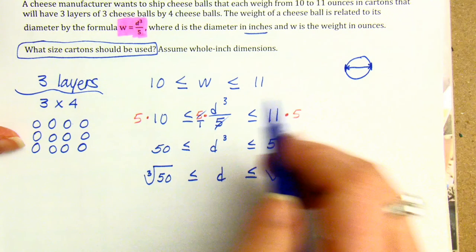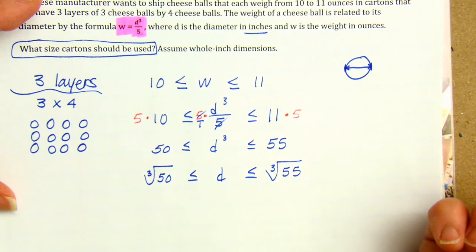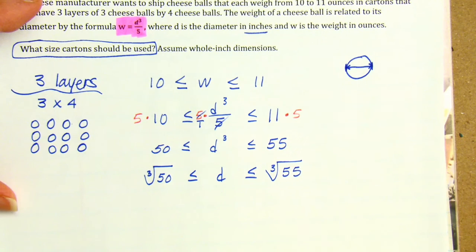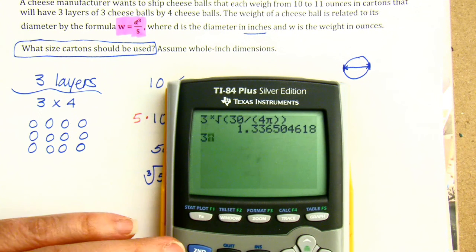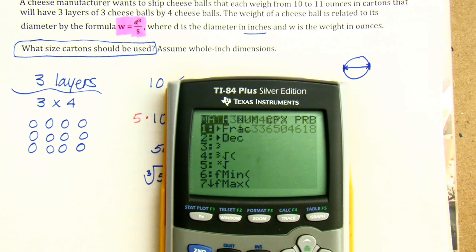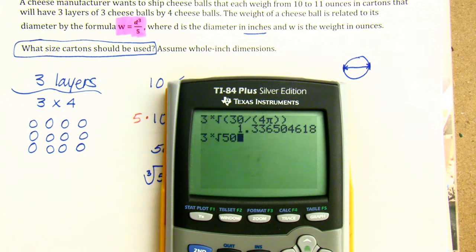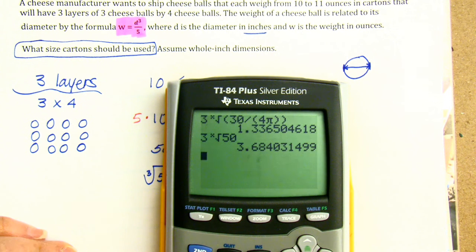It says assume whole inches, so we're going to round. But right now, let's just figure out what the cube root of 50 is. Cube root of 50. Looking like about 3.68.